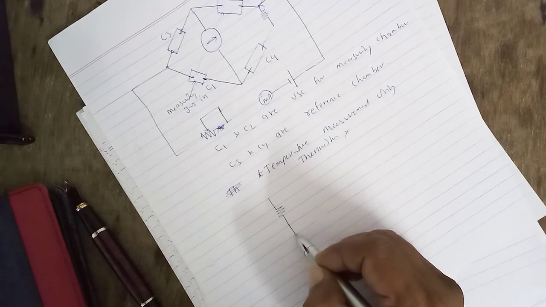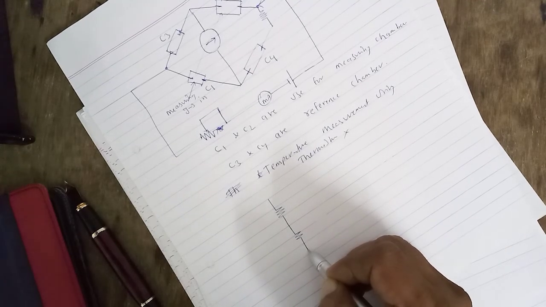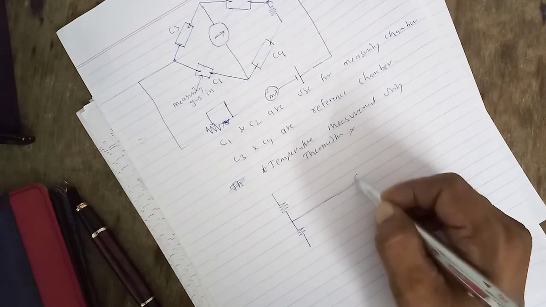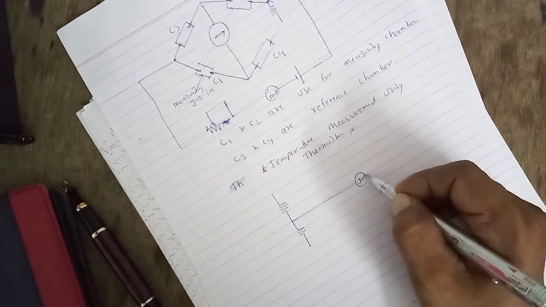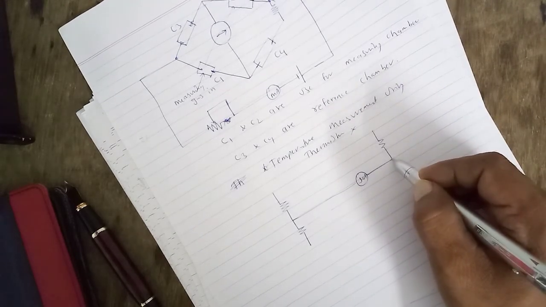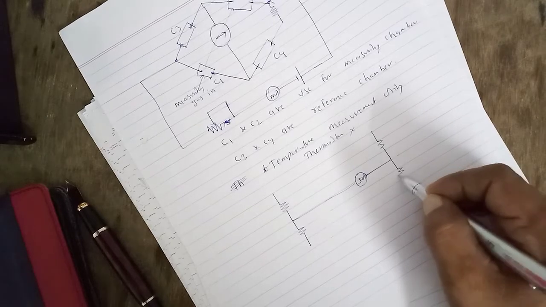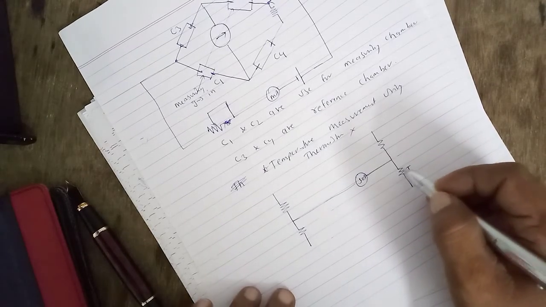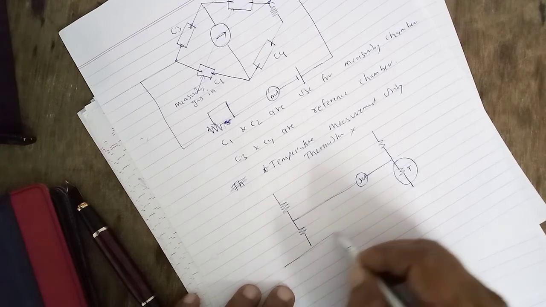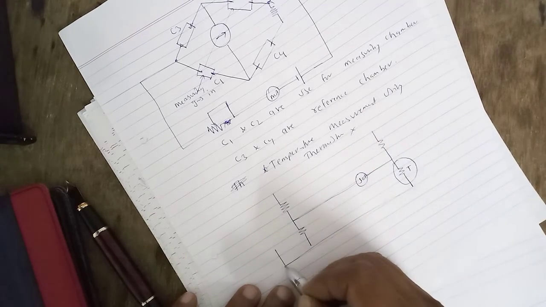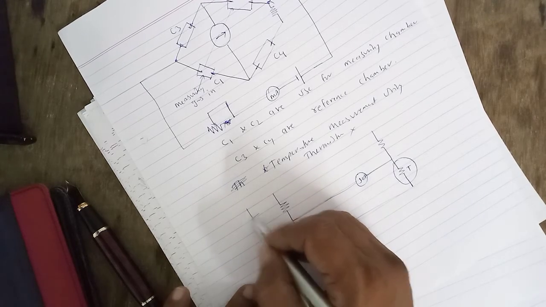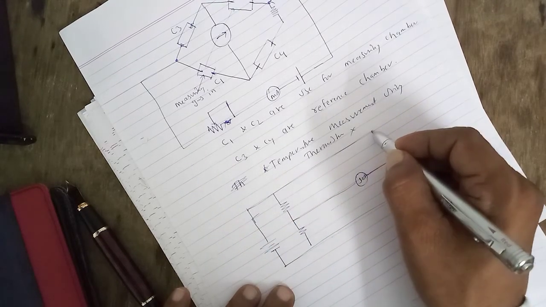One resistor is this one, and they are connected. Another resistance is again connected. In between them you have connected the microammeter, and here one more resistance is connected, and here the thermistor, indicated with a T. All of it is connected to the negative of the battery, and the positive is connected to this part.